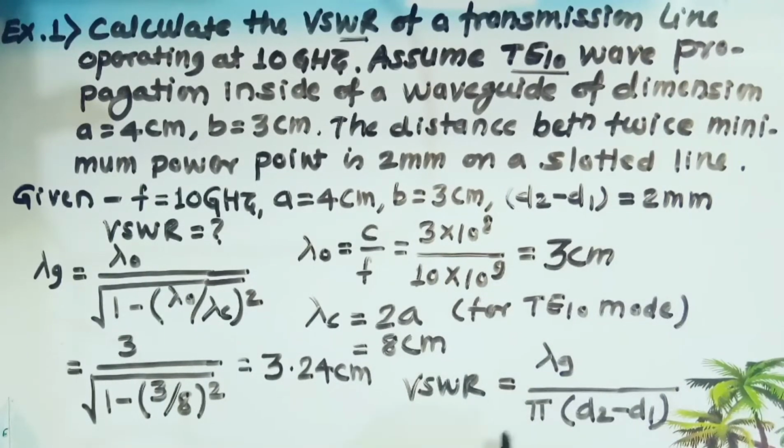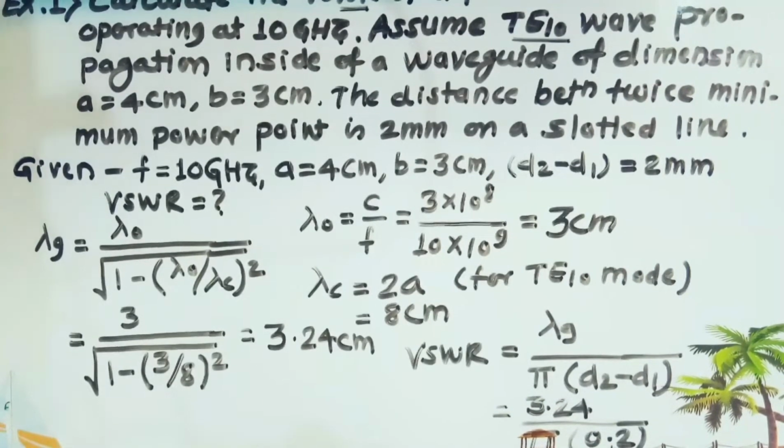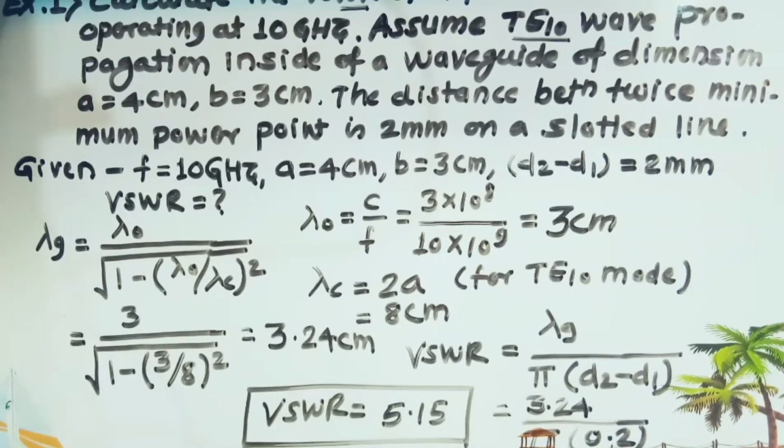So we can write this as 3.24 divided by pi into 0.2, and this value comes as 5.15. So here the VSWR will come as 5.15, and this is the answer.